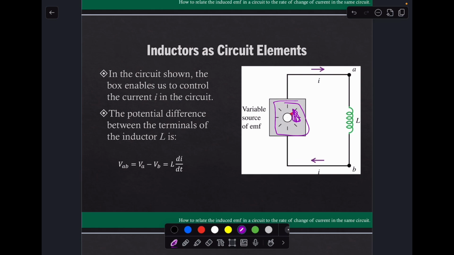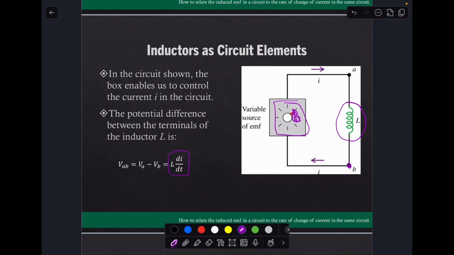So if we were to measure the potential difference between the terminals here, since they're in series with this inductor, we can relate them to the inductor by Faraday's law, right?